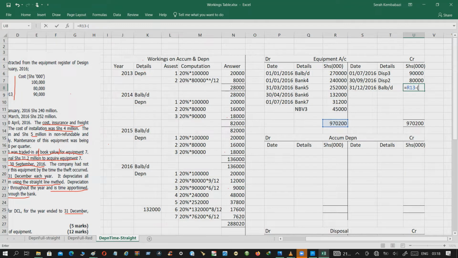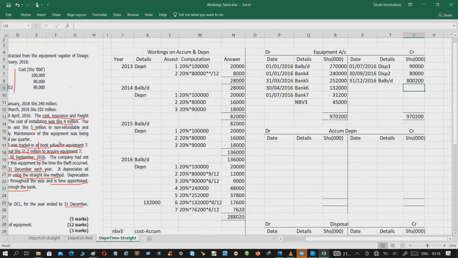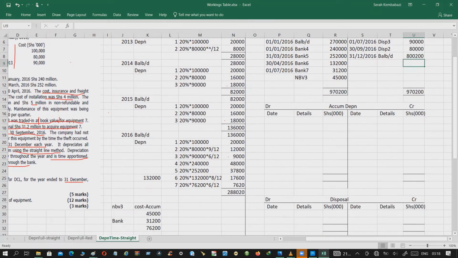Our balance carried down will be the difference between the total of the debit side and the credit side, since it's the greater side. So that's our opening balance for the next financial year in terms of assets. So we come and also reflect in our disposal account for those that we've disposed of. Let's start with equipment 3.